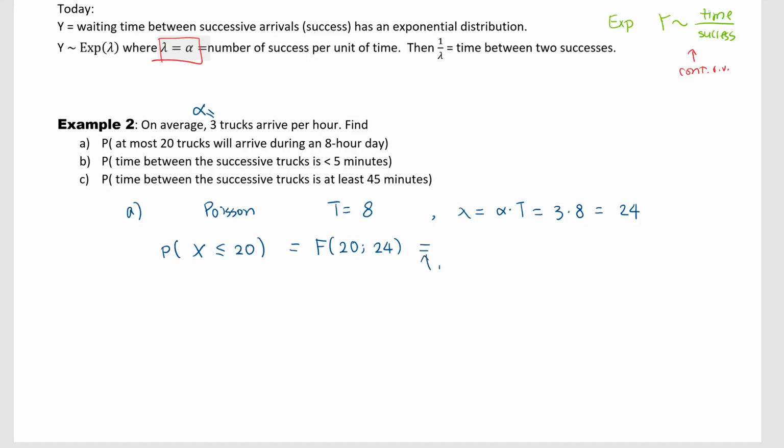However, our Table 2 for the CDF of the Poisson distribution only goes up to lambda of 15, but here we have 24. That's okay, we use our online stat calculator, the website I just showed you. Let's see here.